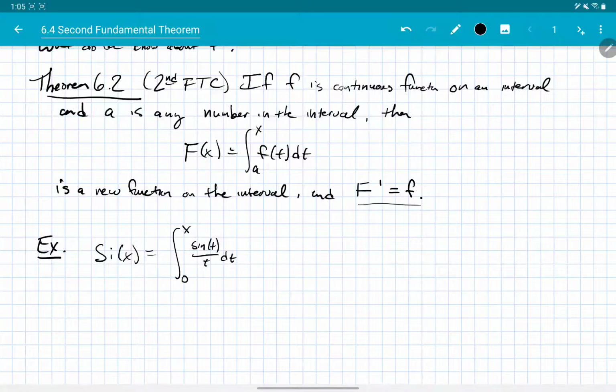If you recall, there's a law about angles and whatnot with optics that involves expressions like this, so it's not too hard to believe that this could be important. There's no other way to write this function psi x except this integral from 0 to x of sine t over t. So that's just the only way to do that.